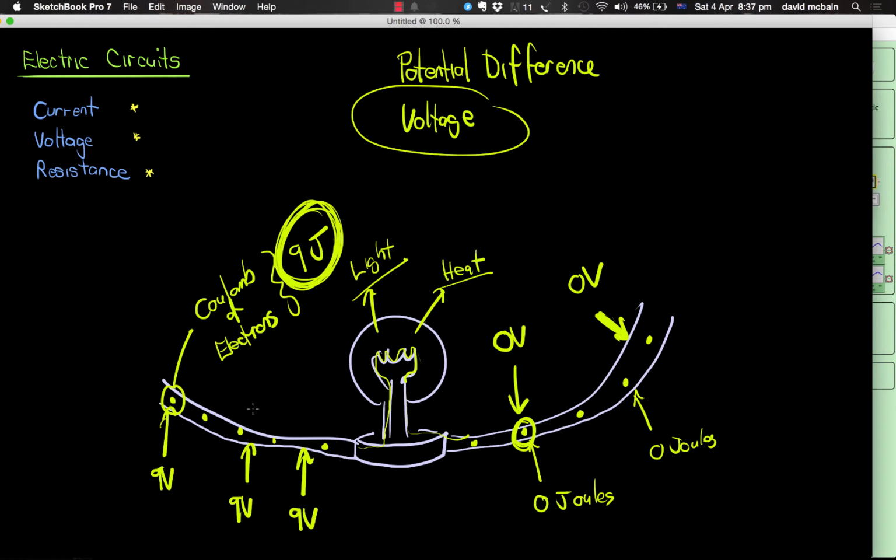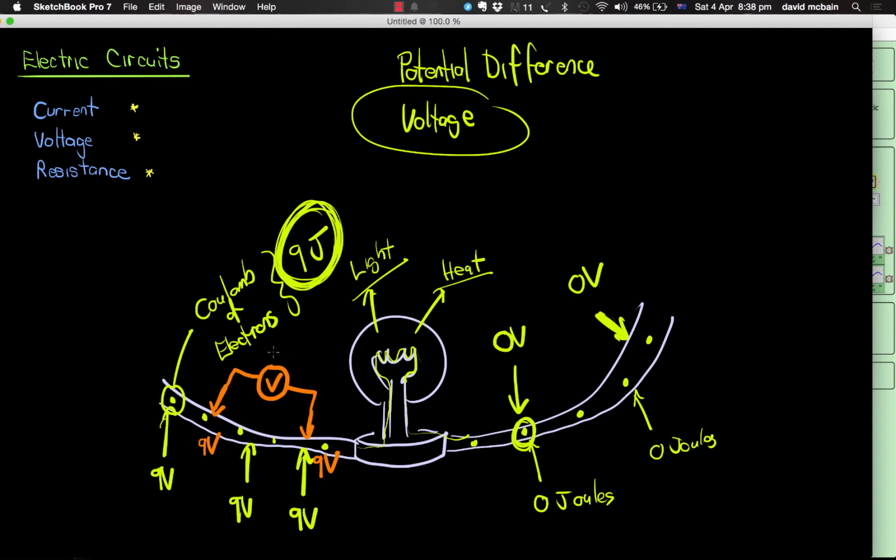So for example, if I was to measure the voltage at this point and the voltage at this point, and I was to connect it up to a voltmeter that measures potential difference, that's the symbol for a voltmeter, and it measures the difference in the voltage between 2 points. Well, if it's 9 volts there and it's 9 volts there, then the difference is 0.